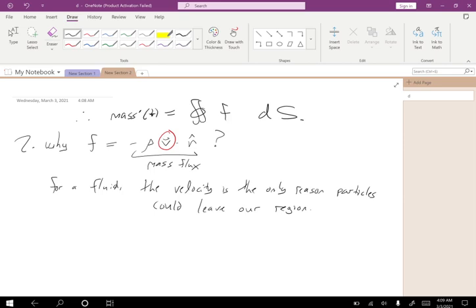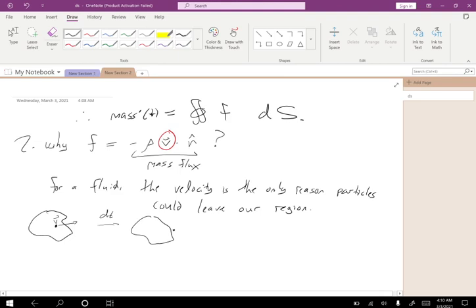And this is actually a physical assumption, right? Like, for example, if you're boiling a pot of water, then particles could escape by evaporation, but that's different physics than what we have in this case. So let me just talk about really quickly how particles leave with velocity. For example, if we look at a single particle and it has velocity v, it's at the edge, then after some time further, the particle is actually on the outside of that region.